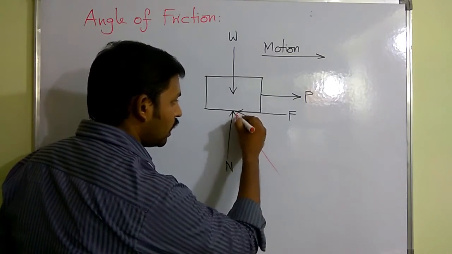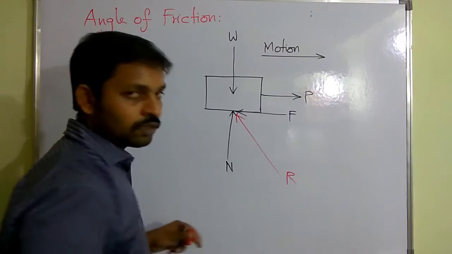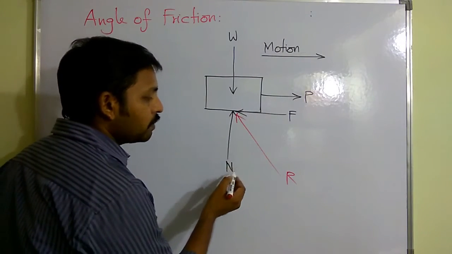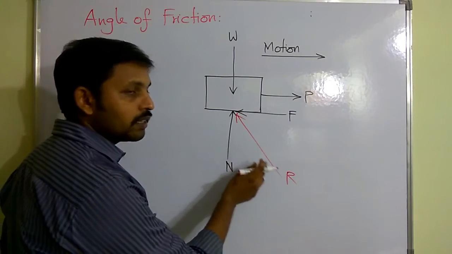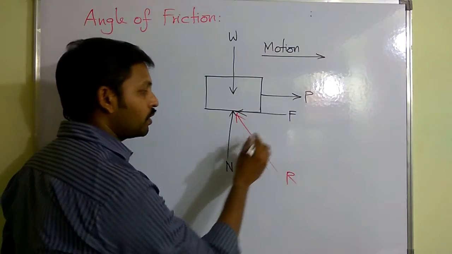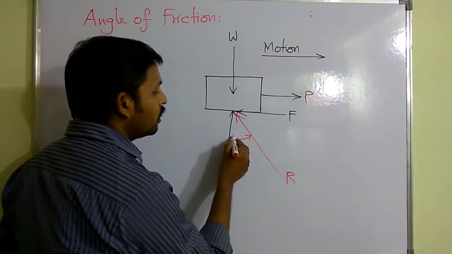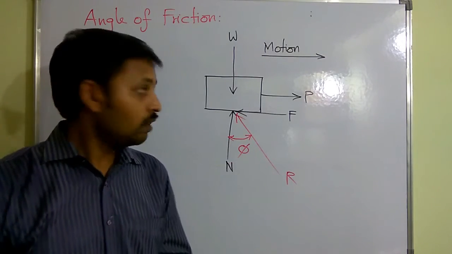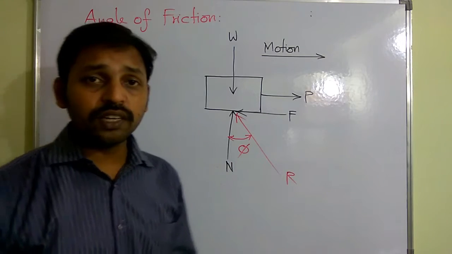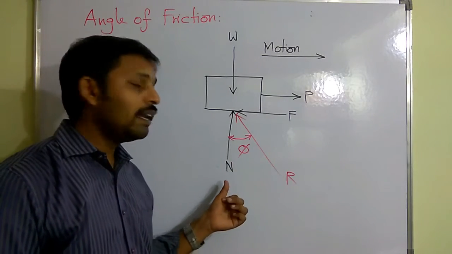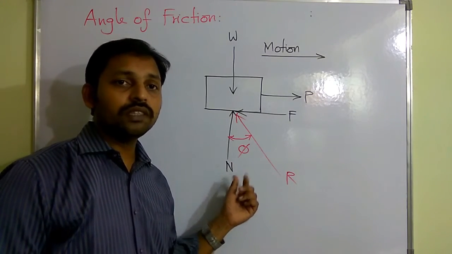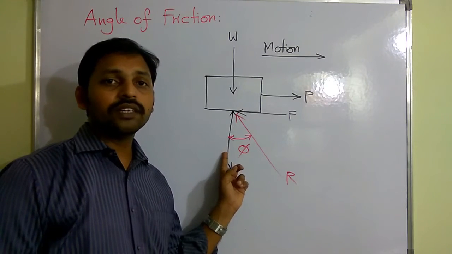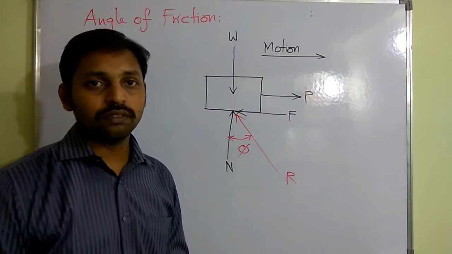Let us consider R is the resultant of these two forces. Then the angle between the normal reaction and the resultant of normal reaction and frictional force is called the angle of friction, which is denoted by the letter phi. Once again, angle of friction is nothing but the angle made by normal reaction with the resultant of normal reaction and frictional force.